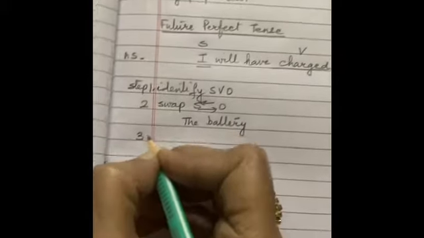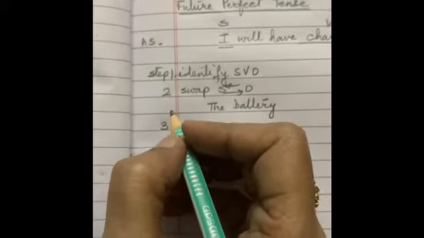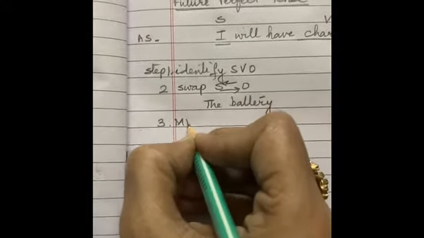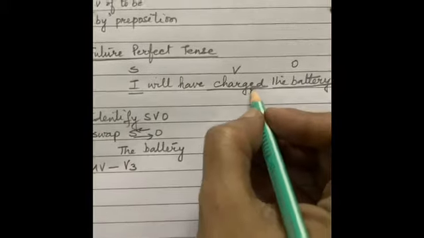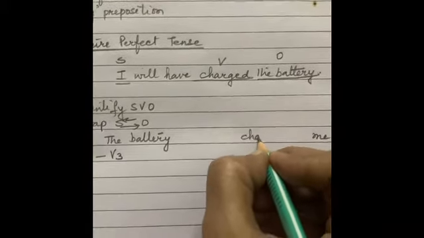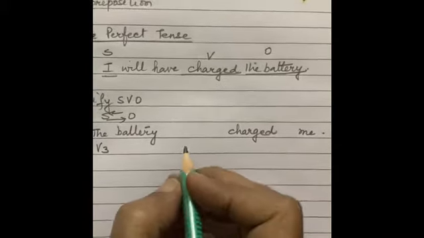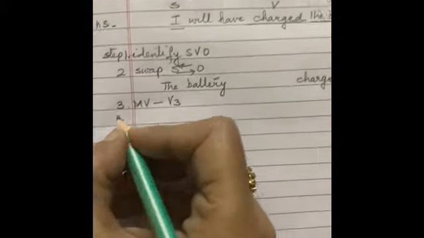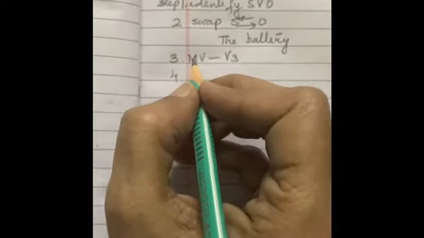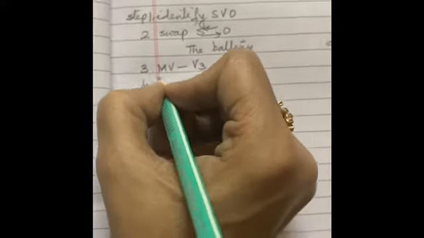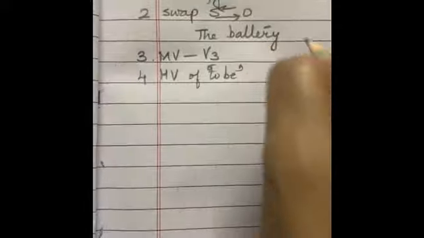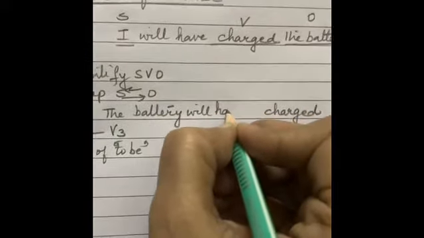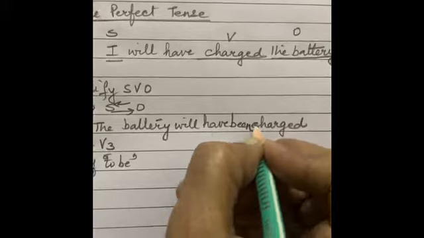Now third step, converting the main verb to the third form, main verb to V3. So it will be charged. Fine. Now the fourth step is to add a suitable helping verb of to be. Clear? So it will be will have been.